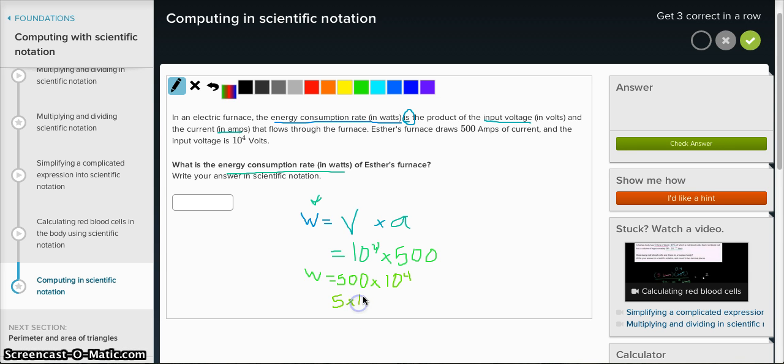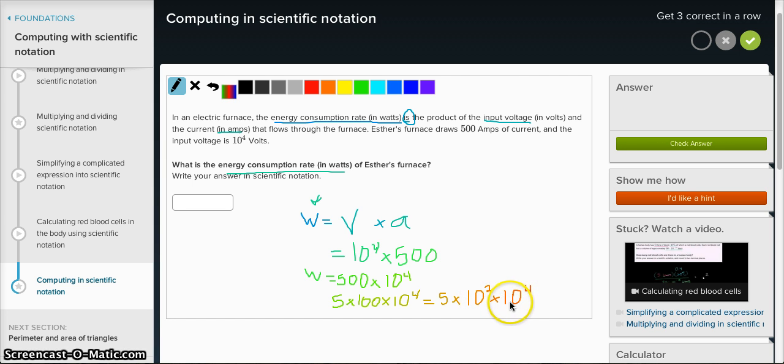That's what equals 500. So you know these two are equal to each other. This line equals this line, and that equals 5 times 10 squared times 10 to the 4th.